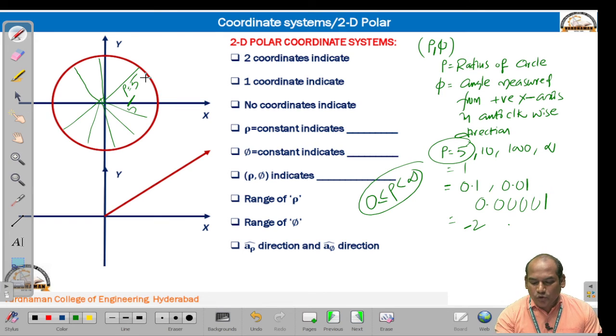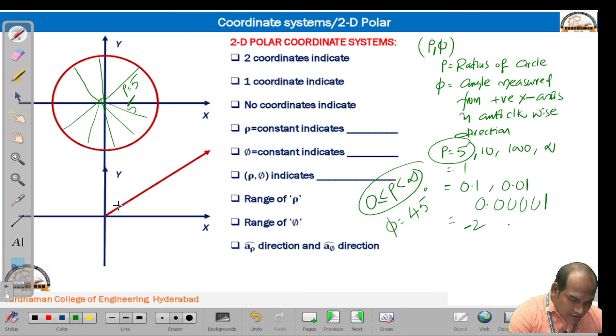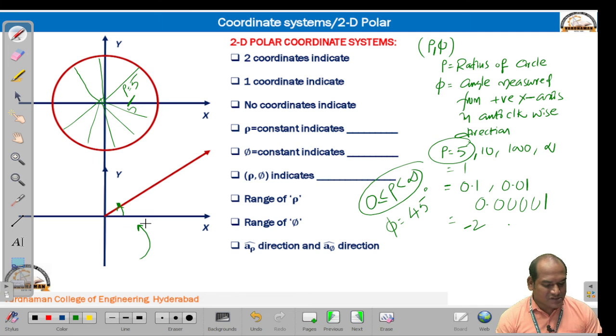Instead of giving the rho value, if I give phi is equal to 45 degrees, that is actually representing a straight line. You see here, for example, this point I am taking. This point is making 45 degrees with the positive x axis in the anti-clockwise direction. If you go like this, that is the anti-clockwise direction.